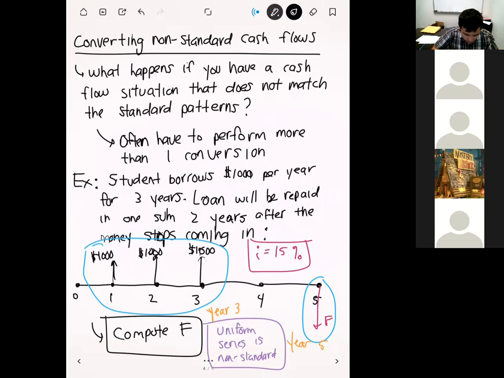Okay, let's go ahead and start solving this problem. We have a situation where our uniform series is non-standard, so let's first perform a conversion on it to get it to a form where we can equate it with F. There are lots of different ways to do this, more than one way to skin this cat. But what makes the most sense to me is to convert any non-standard cash flows into a present sum.